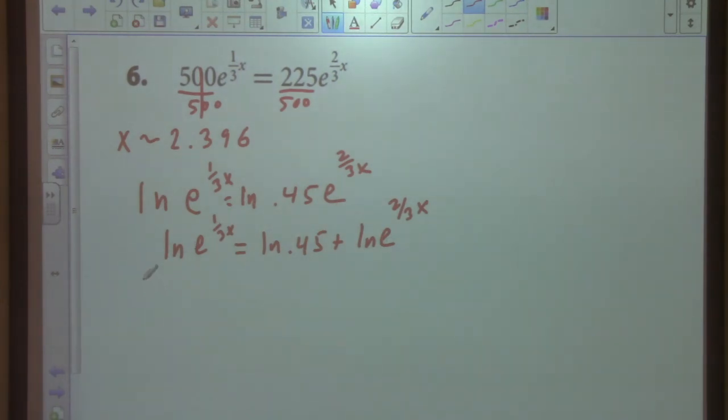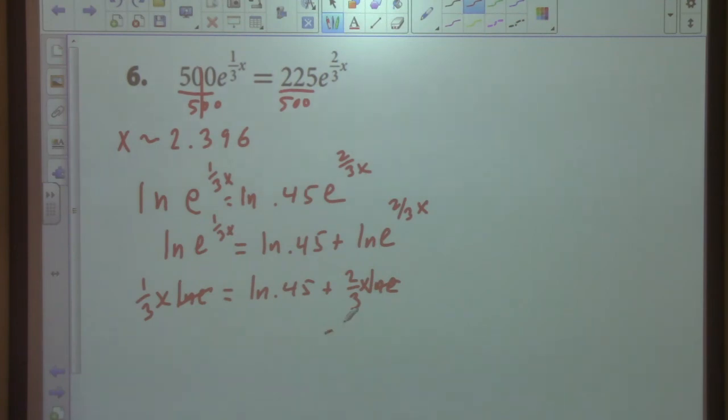So what you get is 1/3 x ln e equals ln of 0.45 plus 2/3 x ln e. Then the ln e's cancel out. So ln e's will go away here. Then I subtracted by 2/3 x, and I got negative 1/3 x.